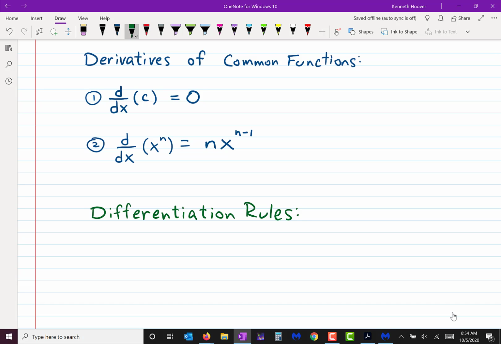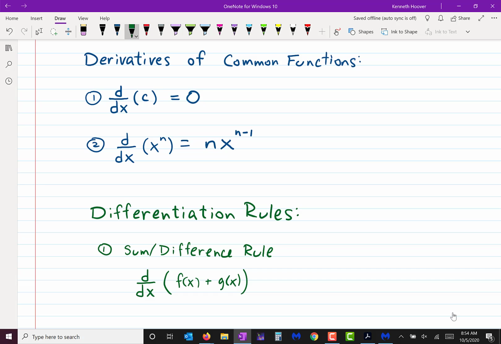Okay, number one is going to be called the sum and difference rule. And what I want to show you is how to work out the derivative of, let's do the sum first, of two functions, if those two functions are differentiable.